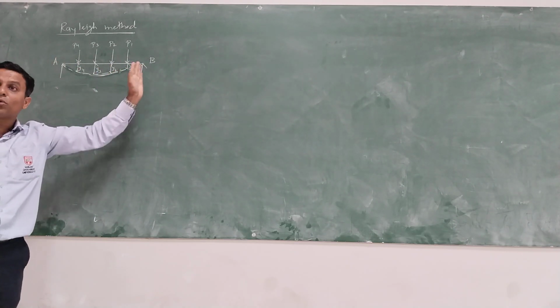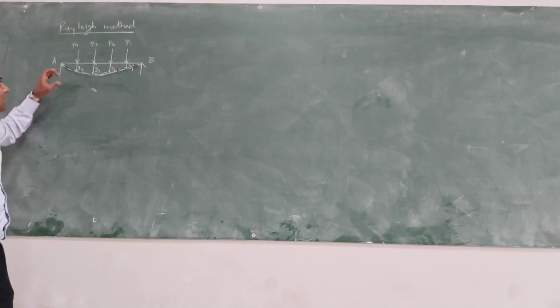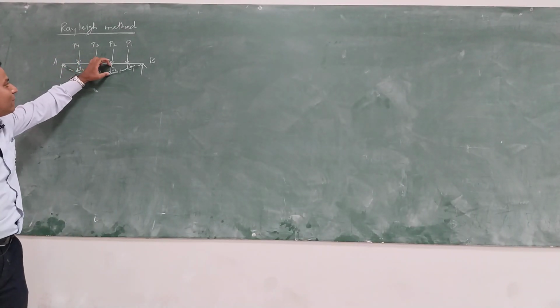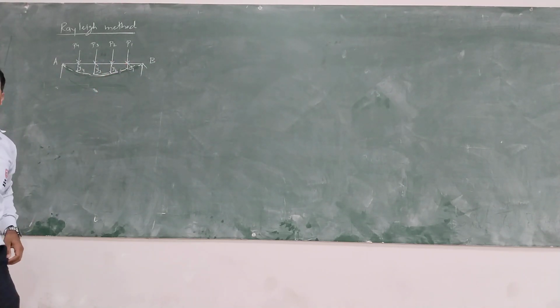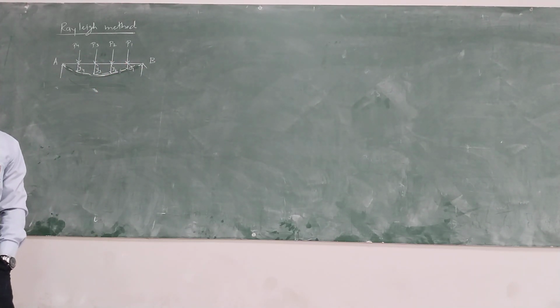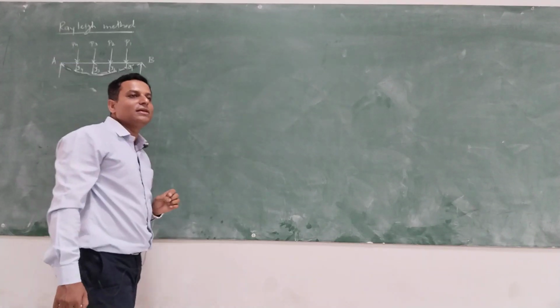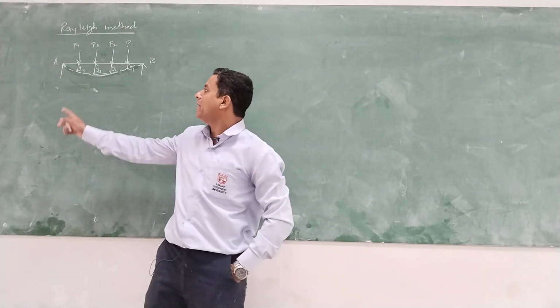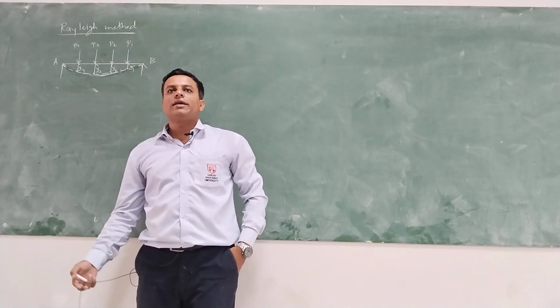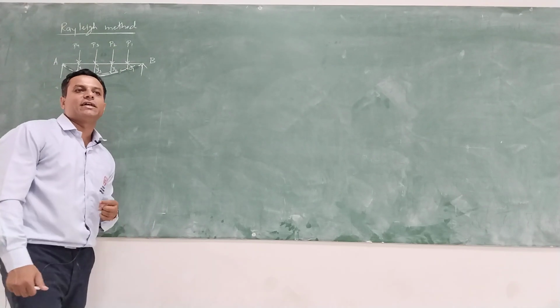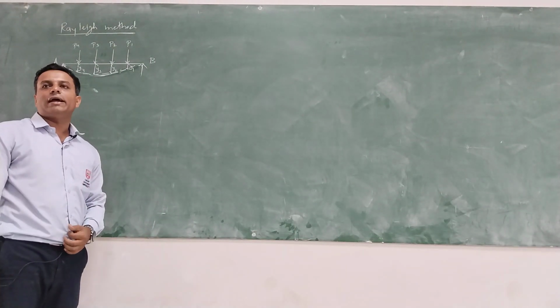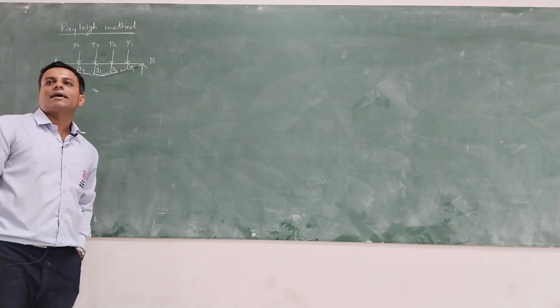Because of the total load, the beam deflects like the dotted line, and y2, y4, y1 and y3 are the static deflections. Rayleigh's method depends upon the static deflection under each load. So here again we are going to use the energy theorem, meaning we are going to calculate potential energy and kinetic energy.